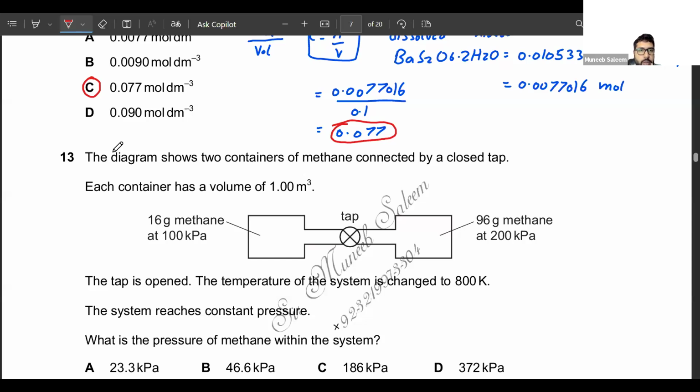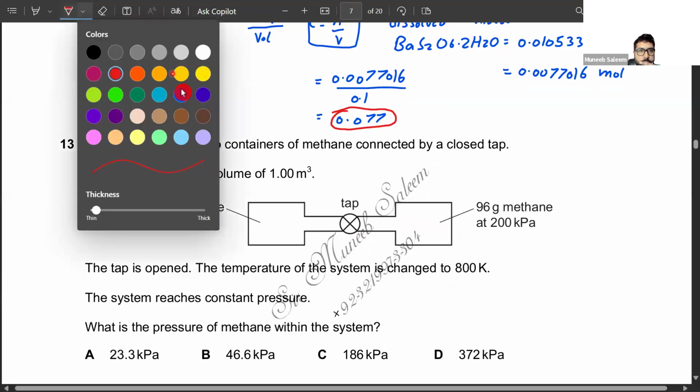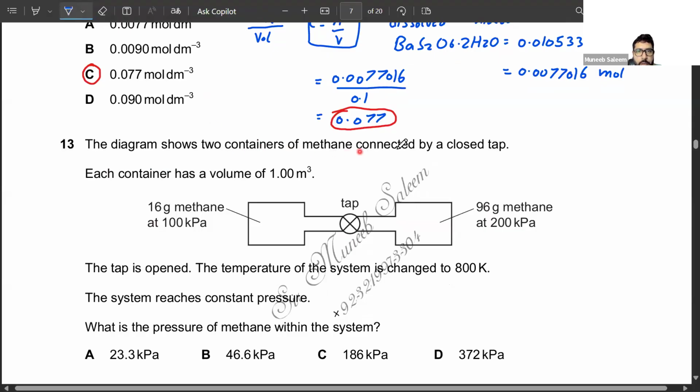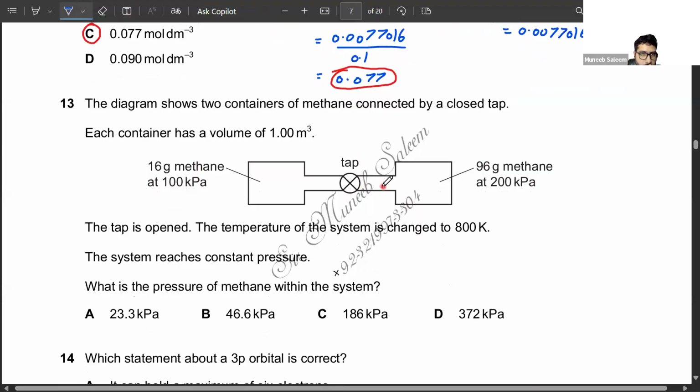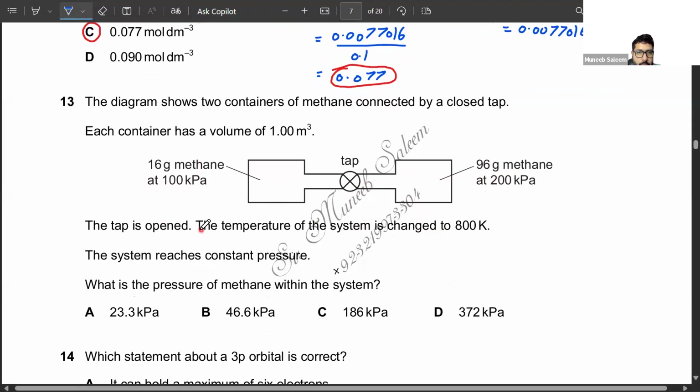Now, next question, number 13. It says the diagram shows two containers of methane connected by a closed tap. We have this diagram of two containers, and then the methane is present in both the containers. The tap is later on opened and the temperature is changed to 800 Kelvin.